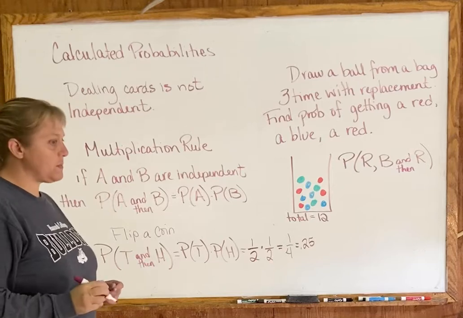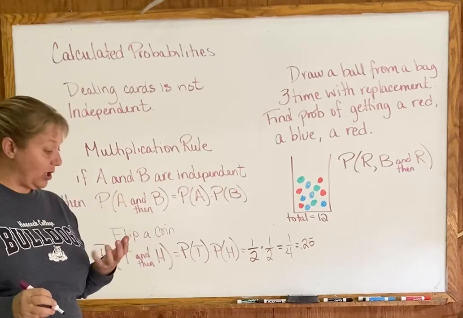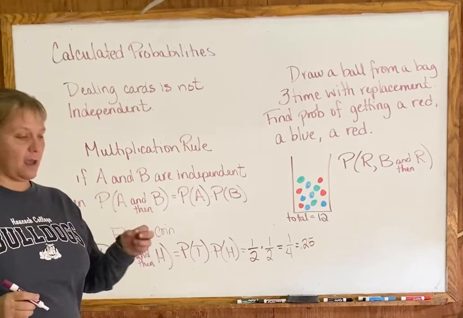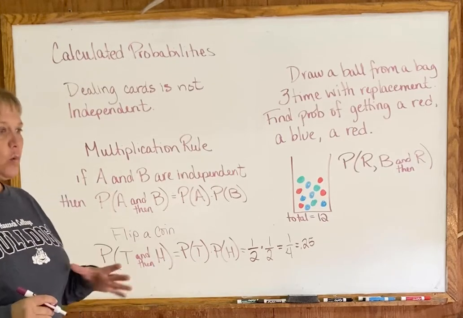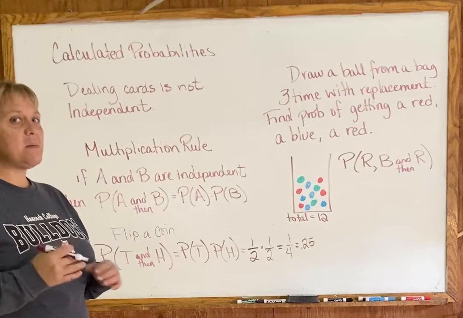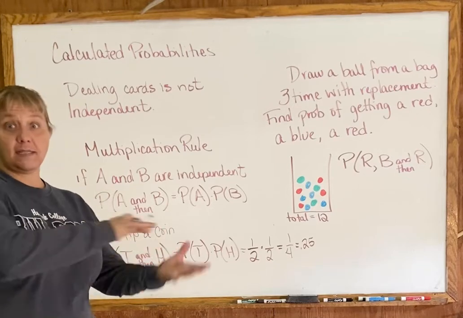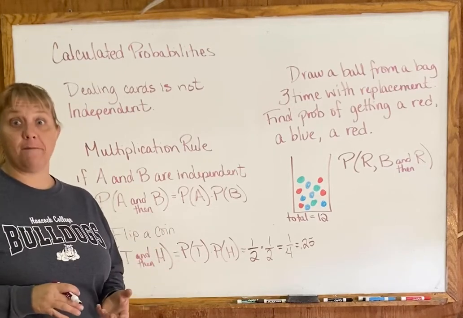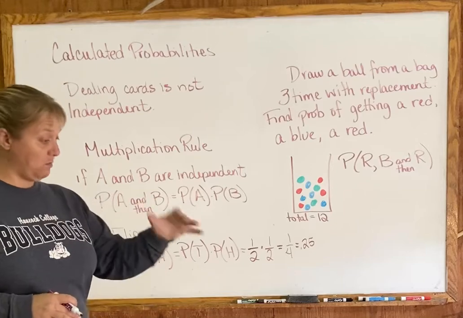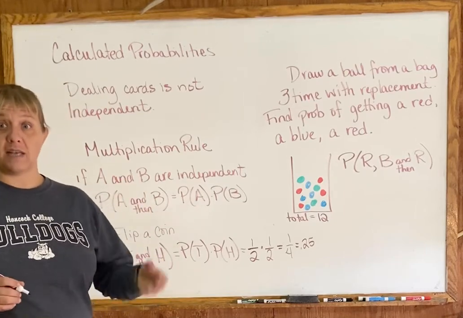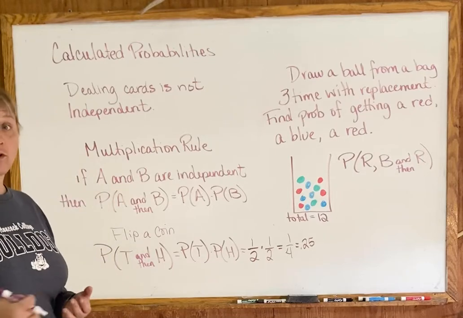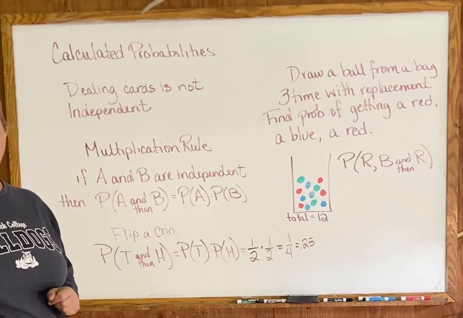So with replacement means that you're going to pull the ball out, you're going to look at it, you're going to go, ooh, it's red, and then you're going to put it back into the bag. So between each event, does the bag change? Or does it still have all the original balls in it? You've only pulled one out and you've put it back in. So there will always be 12 balls in the bag every time that you go to draw because you're putting your ball back in.